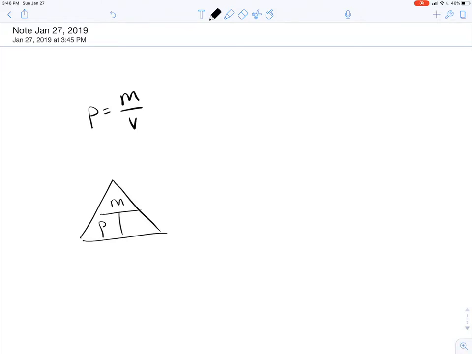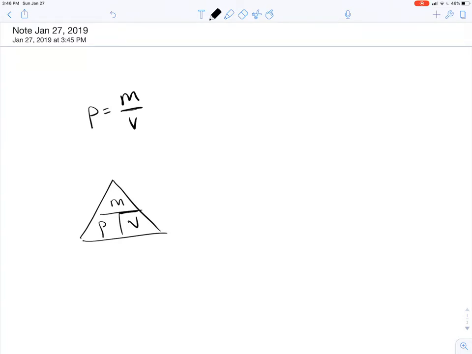Mass is at the top of this fraction, so it has to be on the top, and here's that fraction line right there. And then here's volume. So what's kind of cool about this is if you were wanting to solve for something else, you wouldn't have to do a whole bunch of algebra.